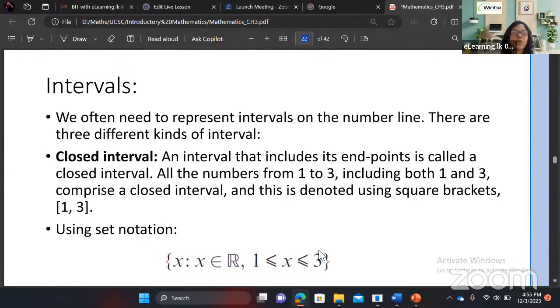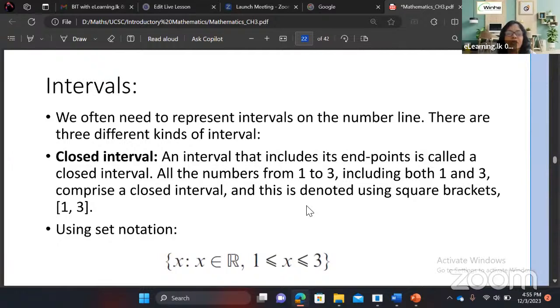Right. Now, if you may remember, on the very first day we talked about the number line, right? In here also it has a small part about the number line. As I remember, we discussed the number line on the first day, right? Now, in the number line, we usually represent the value as intervals.